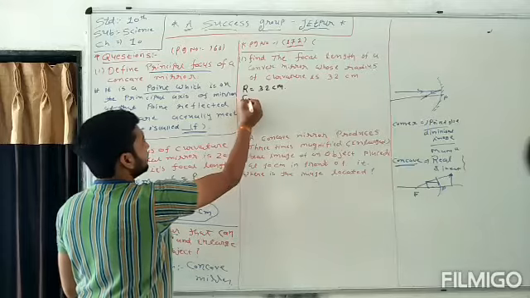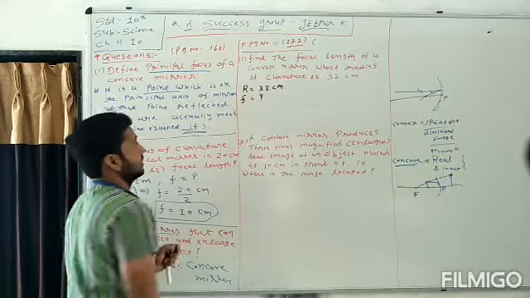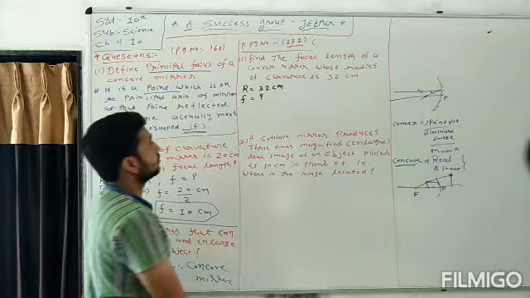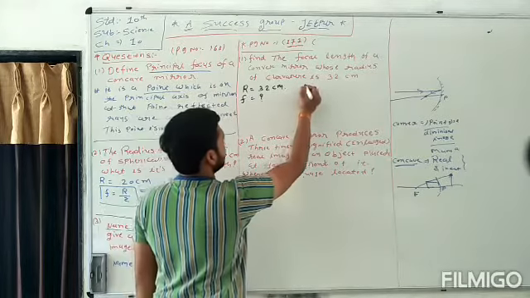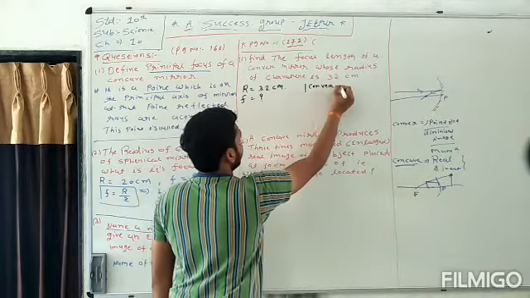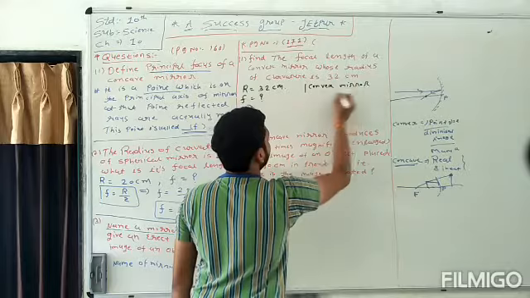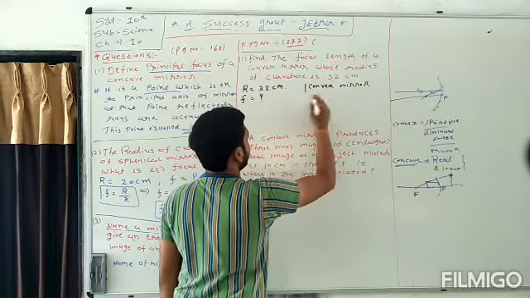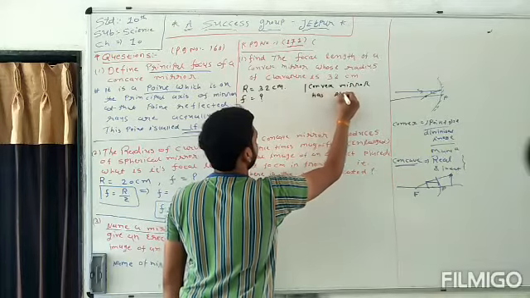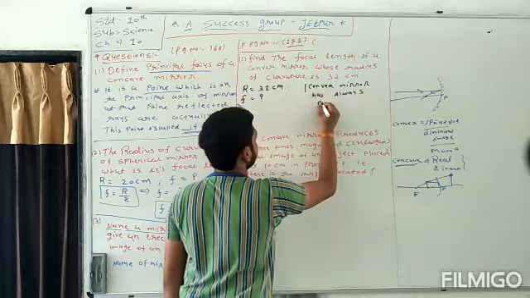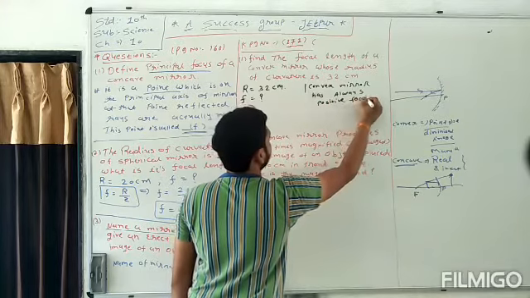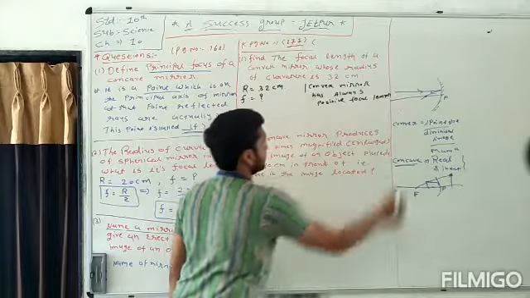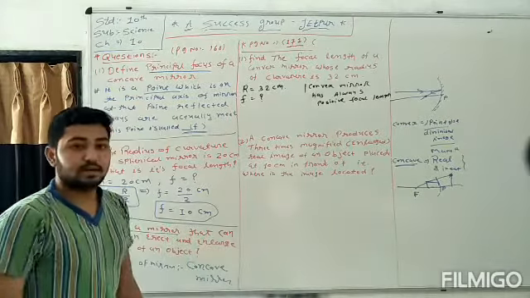We have to find focal length f for convex mirror, and we all know that convex mirror always has positive focal length.